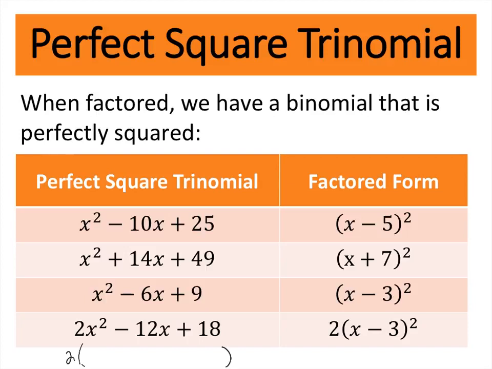And so then I'd be left with x squared minus 6x plus 9. Oh, but look, if that has the common factor out, then half of -6 is -3. So hopefully you see that relationship.